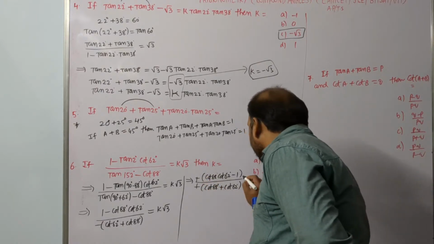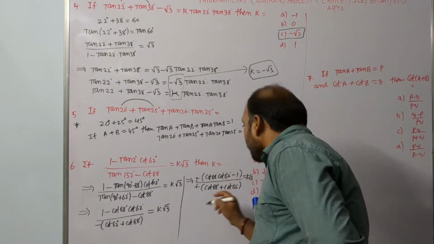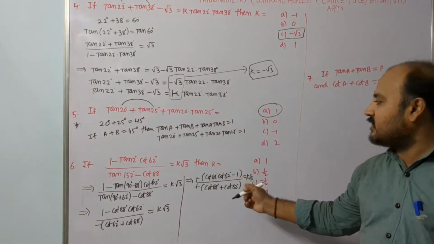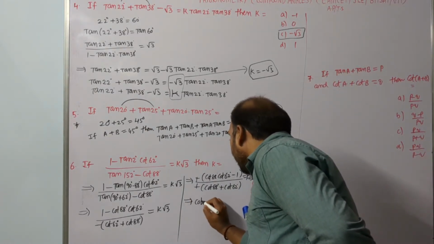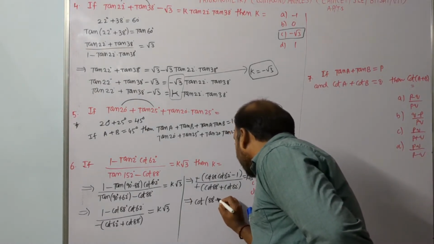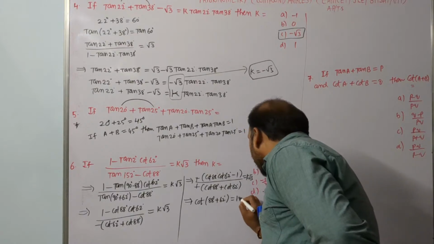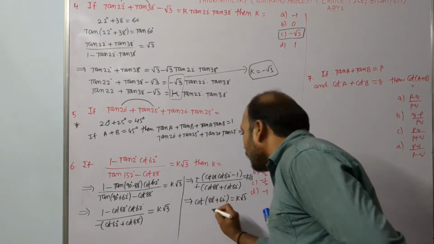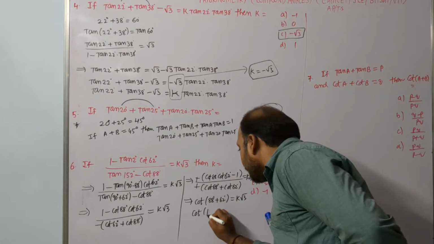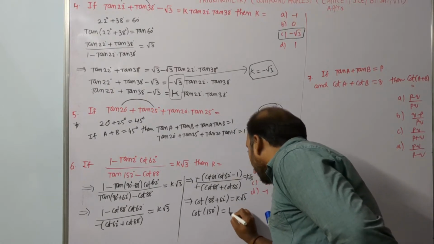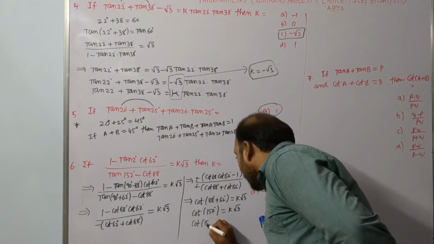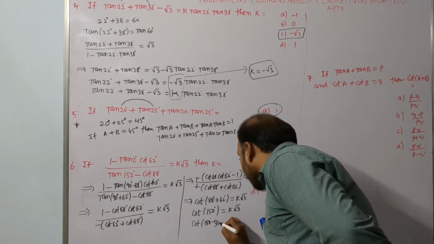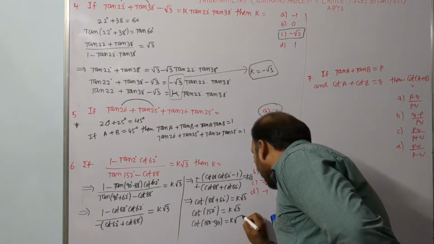Minus minus get cancelled, which is equal to k root 3. So cot A cot B minus 1 by cot B plus cot A means the cot of A plus B formula. So cot of 88 plus 62 is equal to k root 3. So cot of 150 is equal to k root 3. Cot of 180 minus 30 is equal to k root 3.